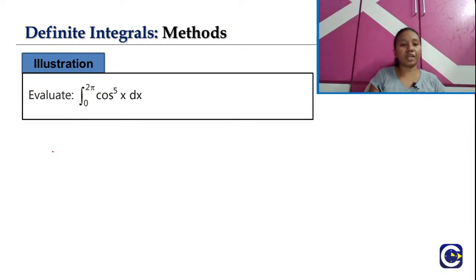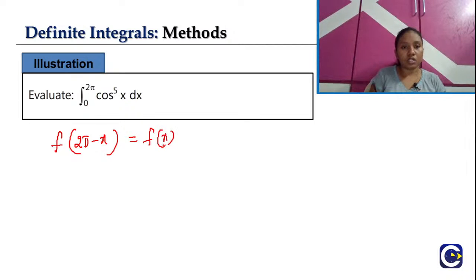So how will we verify? We have to check in place of x, that is 2 pi minus x, whether this is equal to f of x or not. So that means cos of 2 pi minus x. So 2 pi minus x will be in the fourth quadrant, isn't it? In the fourth quadrant, the cosine function will be positive.